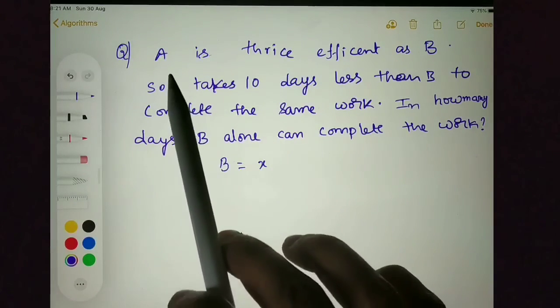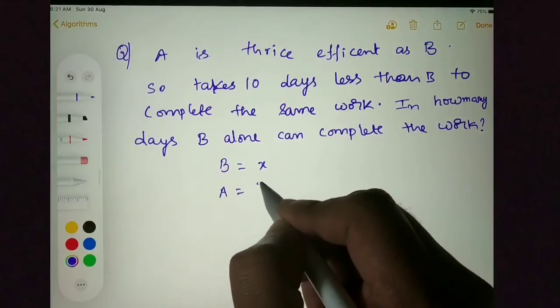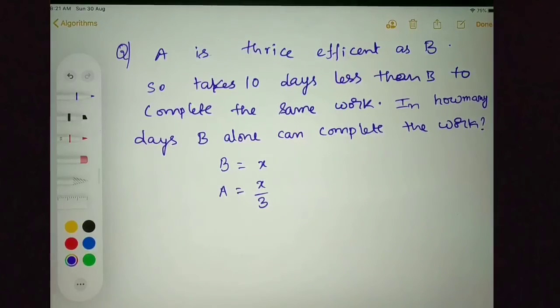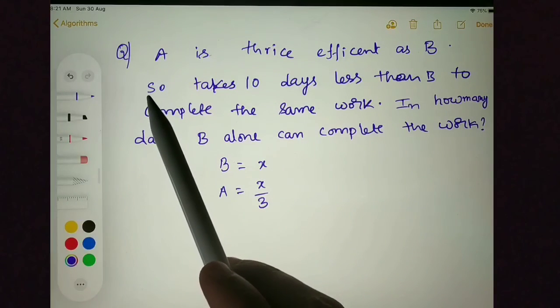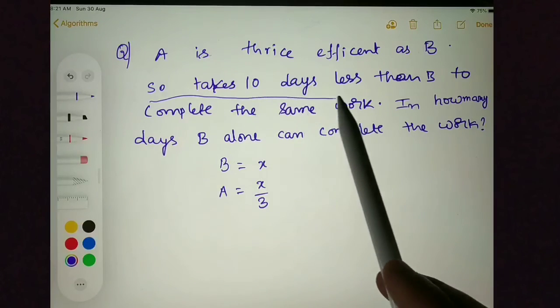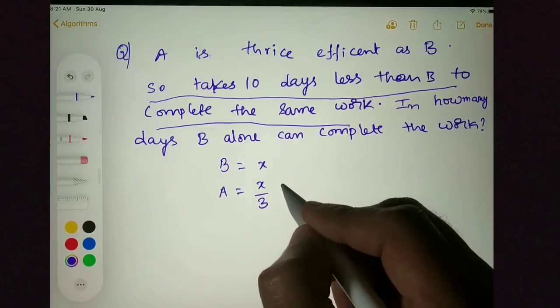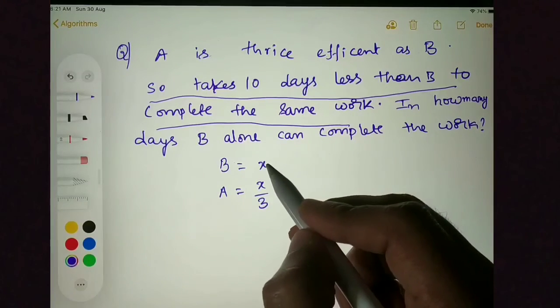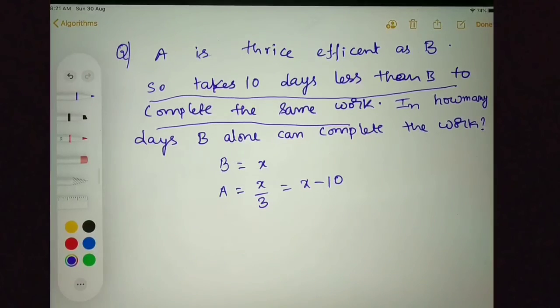And because A is 3 times better than B, A should be able to complete the work in X by 3 days. We also have another piece of information: A takes 10 days less than B to complete the same work. So if B can complete the work in X days, A should be able to complete it in X minus 10 days.